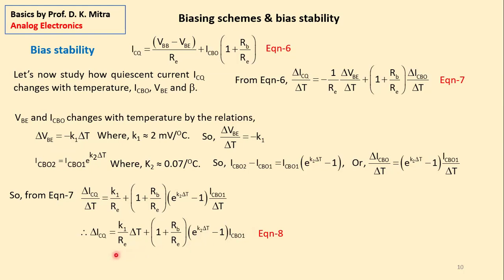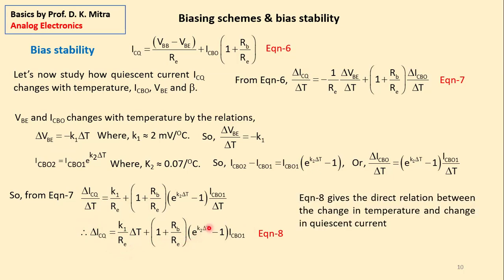It shows that if there is a temperature difference of del T, what is del ICQ? This factor multiplied by del T, and there is the exponential relation of del T. Equation 8 gives a direct relation between the change in temperature and change in quiescent current.